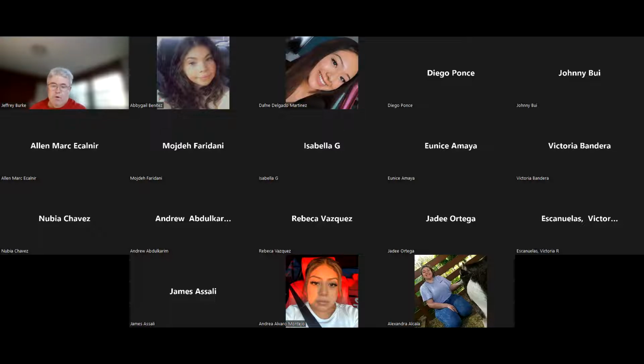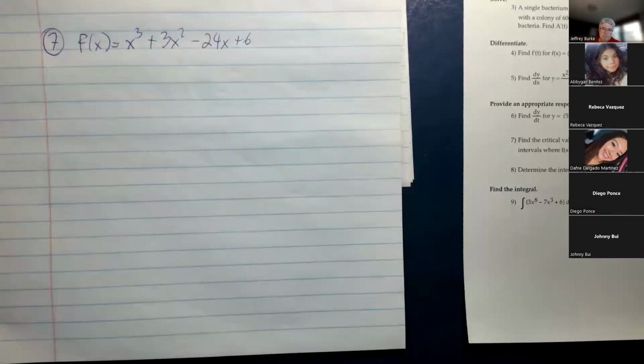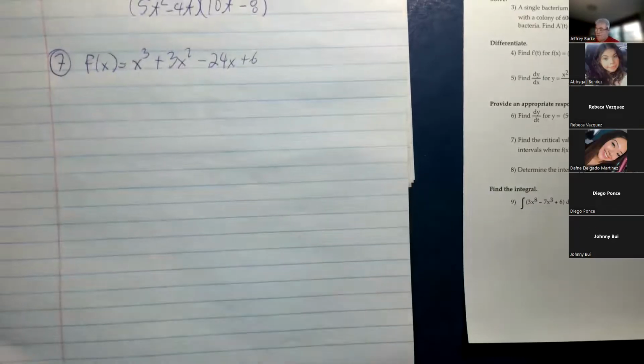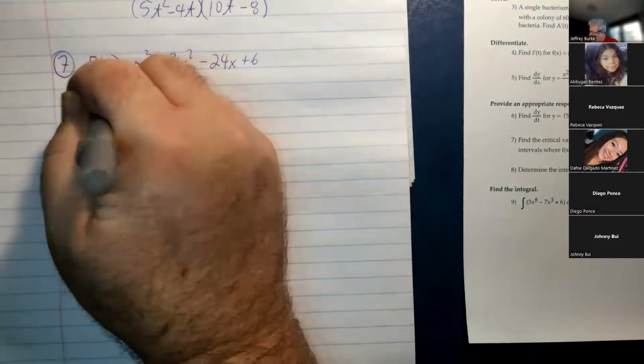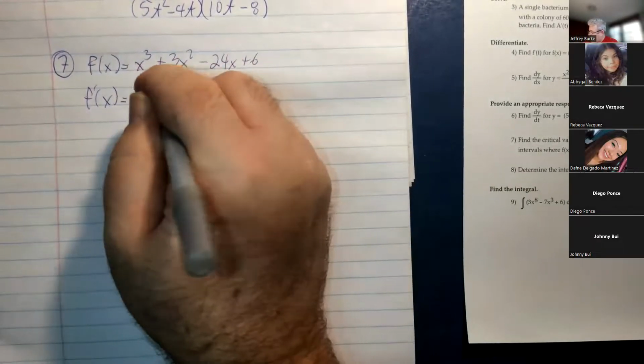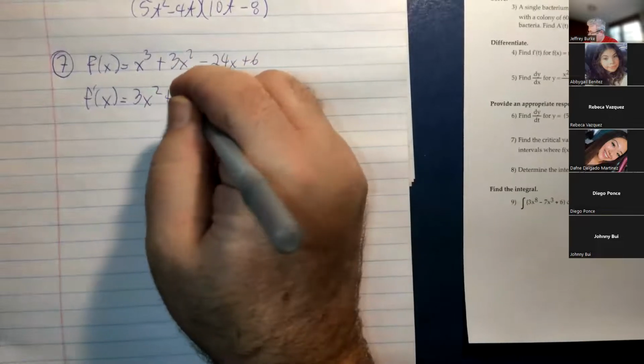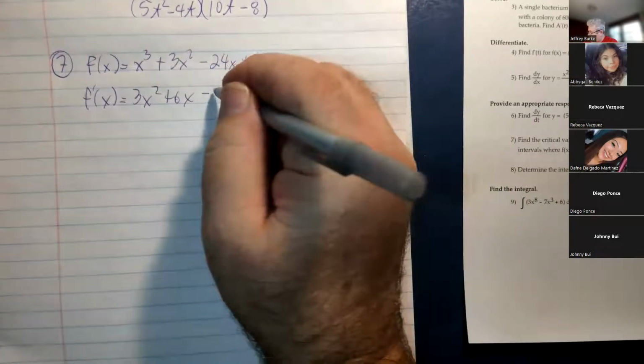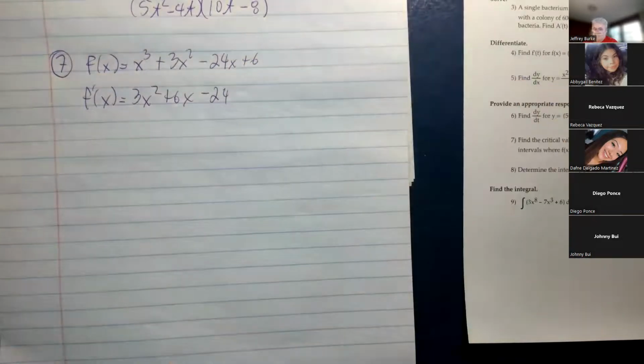Okay. So, hold on. Sorry. I wasn't measuring my screen here. Here we go. Well, it means f prime of x is going to equal 3x squared plus 6x minus 24.